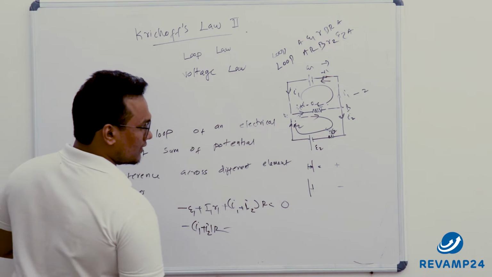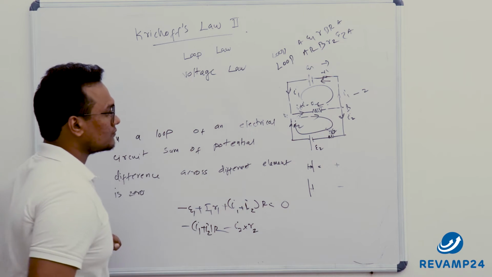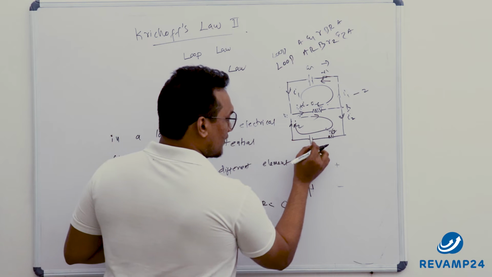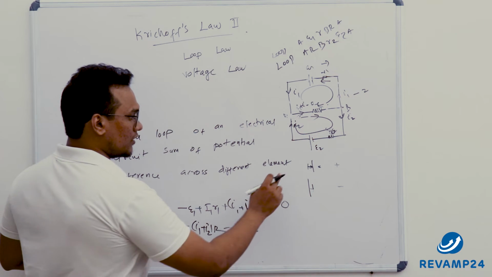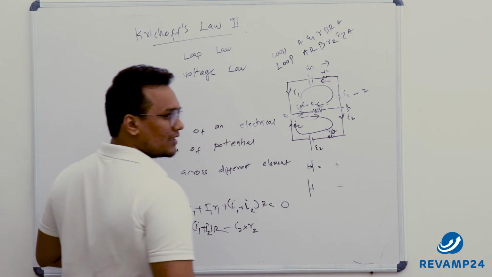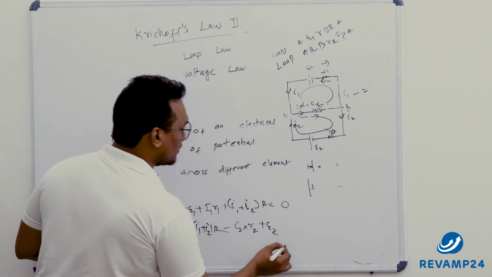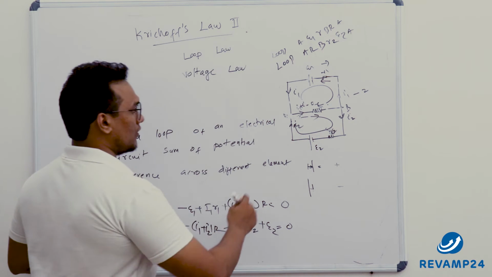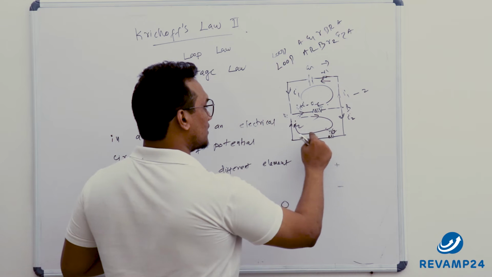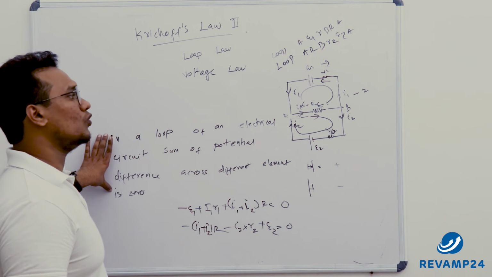So it's negative I2 into R2. Now we reach here, moving from negative to positive. From negative to positive, it is a positive potential difference. That is plus E2. Then we are coming back to A. That is 0. Now we have added all the potential differences and equated to 0. This is the meaning of the loop rule.